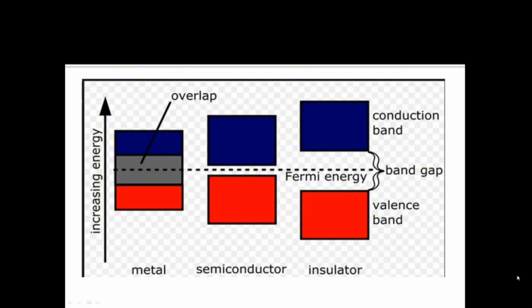But now look at the insulator. The energy band gap is quite large. So no matter how much energy you acquire, you cannot acquire enough to pick an electron from the valence band to the conduction band, thereby leaving that particular material non-conducting.